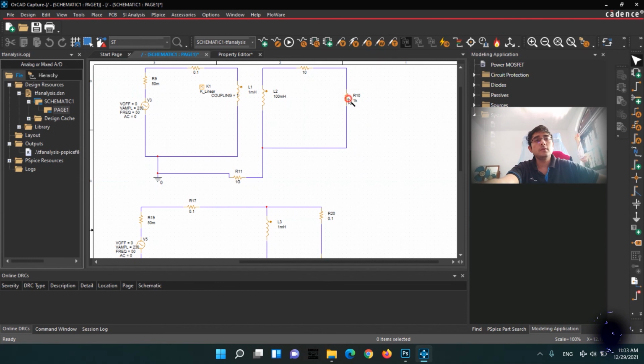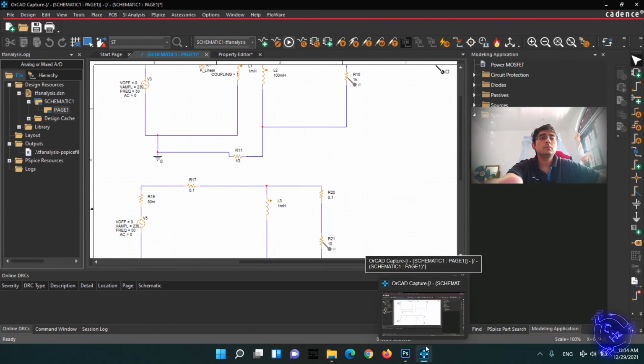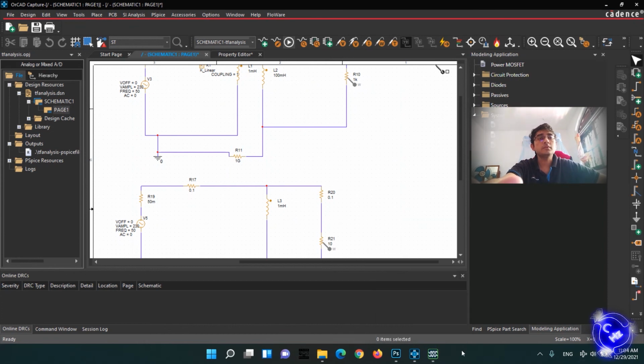Right. So let's check the power. Let's check the power consumption across this load and this one. Now check whether those two are identical or not.